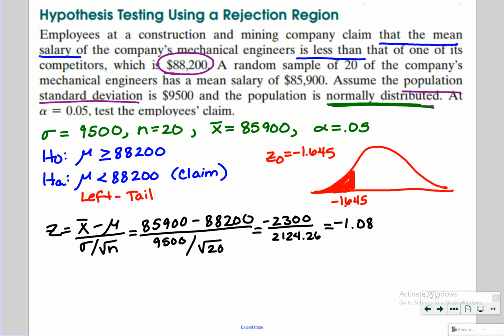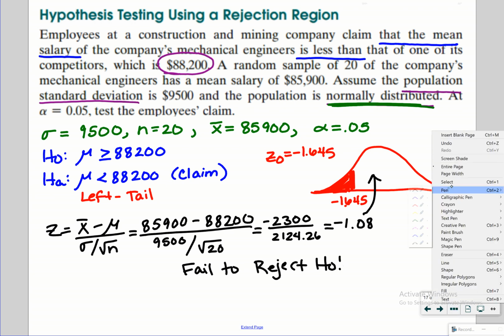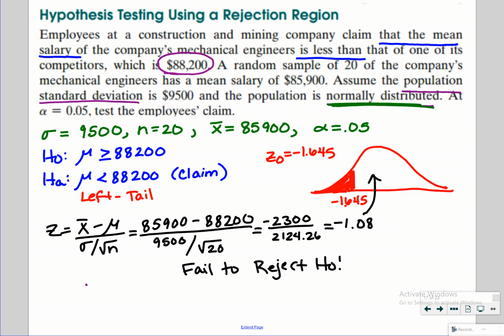Okay. All right. So now we just want to see, is negative 1.08 in our shaded region? Yes or no? It is not. It's over here somewhere. So if it's not in the rejection region, what's our decision? We fail to reject what? The null hypothesis. Okay, so then we summarize, same as yesterday. So we say there either is or is not enough evidence.